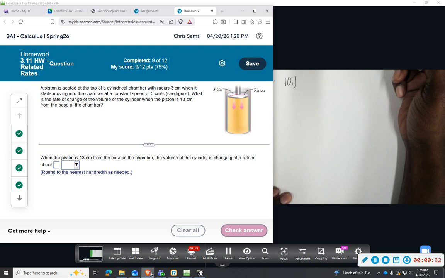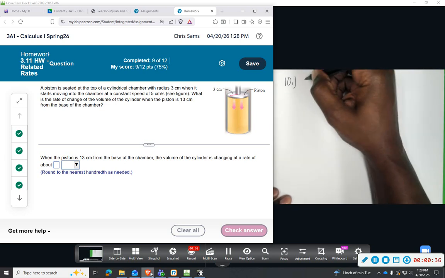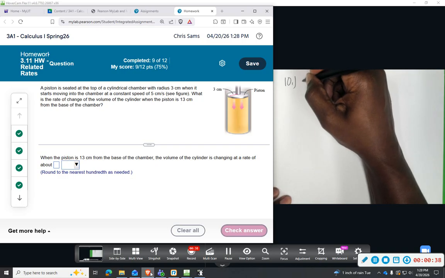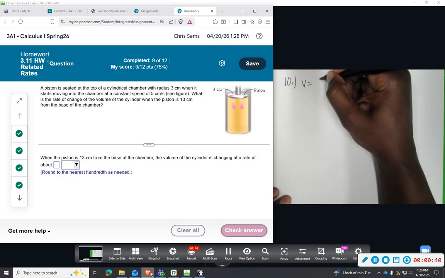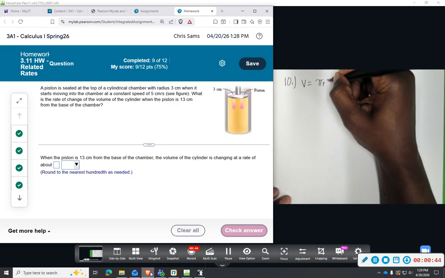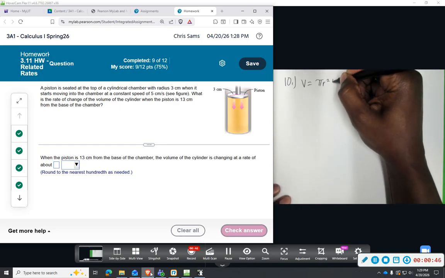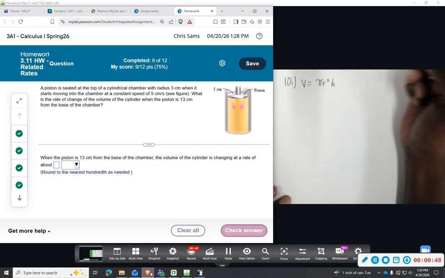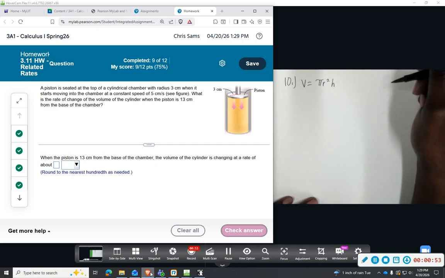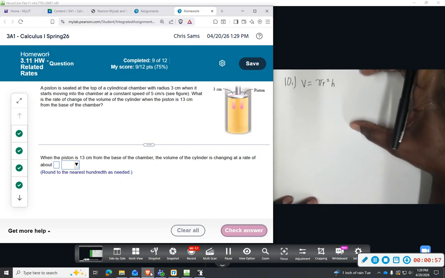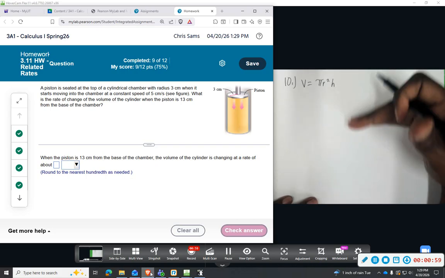So we need the volume of a cylinder, that is a circle, which is pi r squared times the height. We have that this piston starts moving in, so the height is changing. It's decreasing, so if the height is here, then the height is going down, the volume is going down.